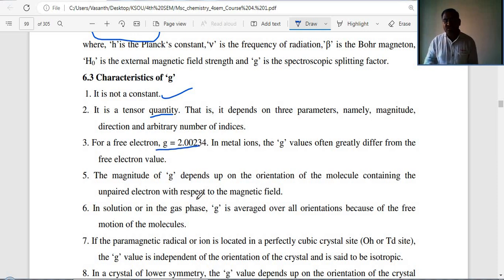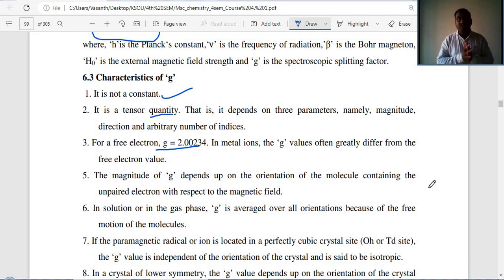For free electrons, the spectroscopic splitting factor is 2.00234. In metal ions, the g values often greatly differ from the free electron value.